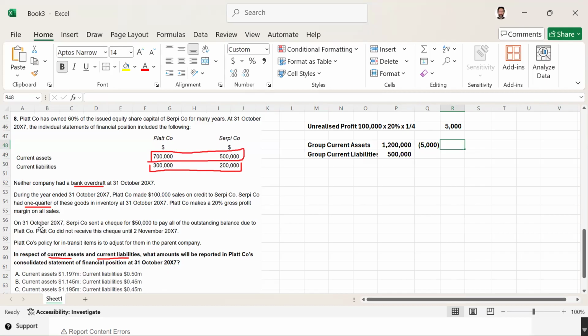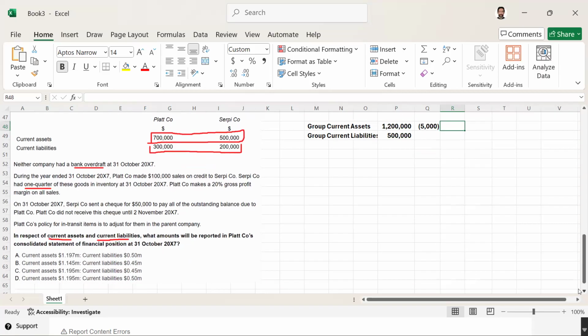Moving on to the next one, on 1st of October 2007, Serpico sent a check for 50,000 to pay all of the outstanding balance due to Platco, and Platco did not receive this check. Now this part is interesting. Let me just underline it.